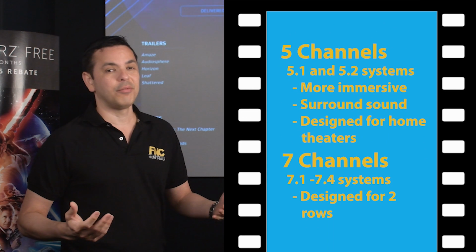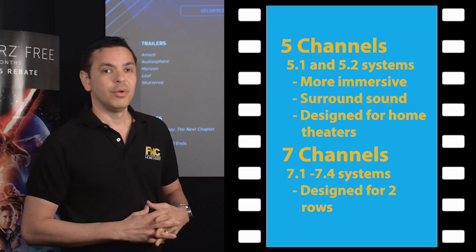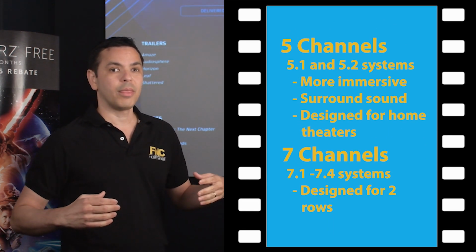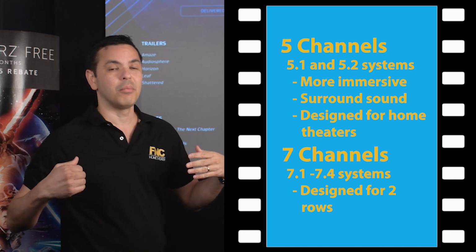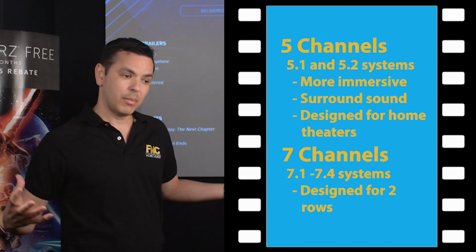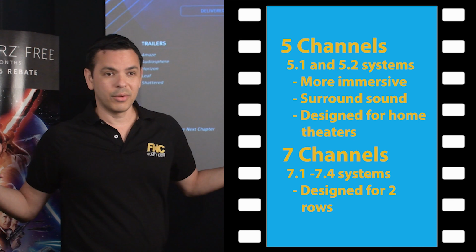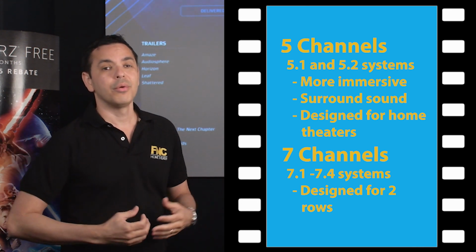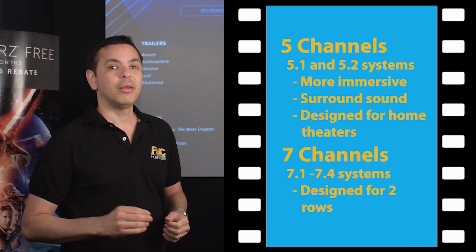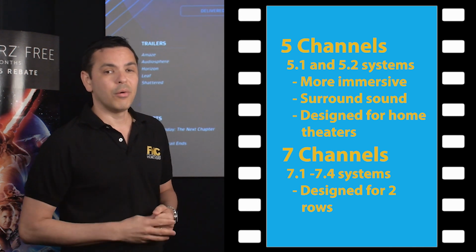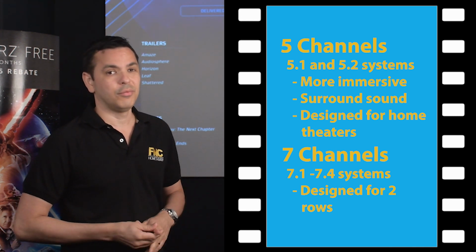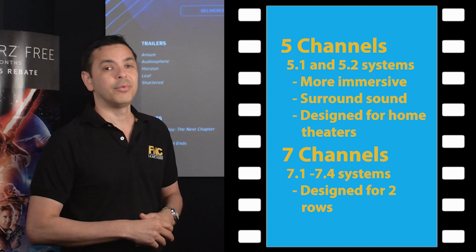A 5-channel system, or 5.1 or 5.2, is better if you need a system that's more immersive, that's gonna make you feel or get sound from all around you, and that's recommended for home theater, media rooms, and of course also for living rooms.